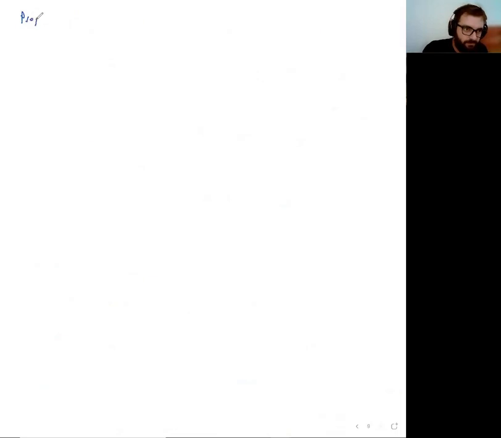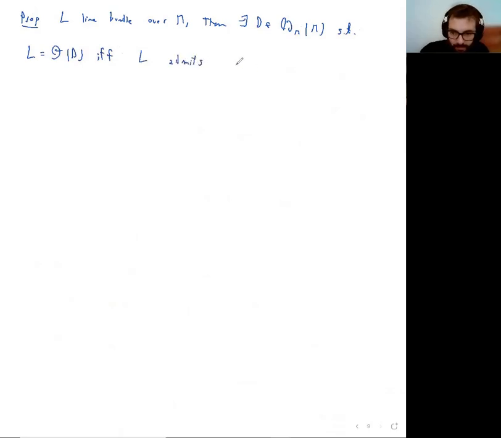So let's see this link. We have a line bundle L over M. Then there exists a divisor which represents that bundle if and only if L admits a global meromorphic section, which is not identically 0, of course.